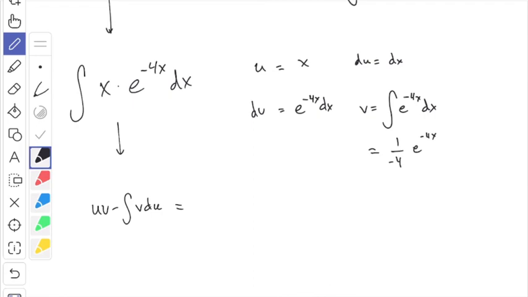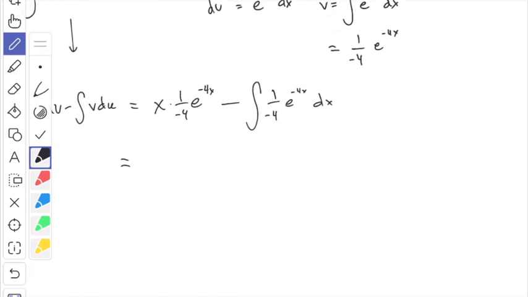It's true. Life choices. uv is x times 1 over negative 4 e to the minus 4x. And then I go minus integral v, 1 over negative 4 e to the minus 4x, du is dx. Simplify the integral by pulling out 1 over negative 4.